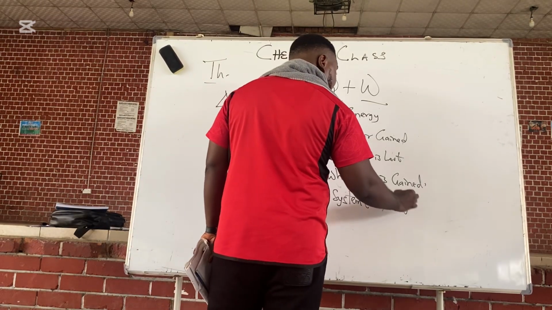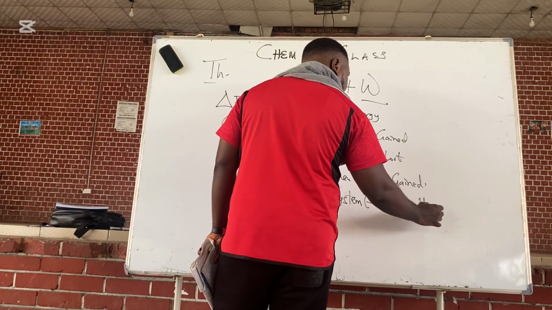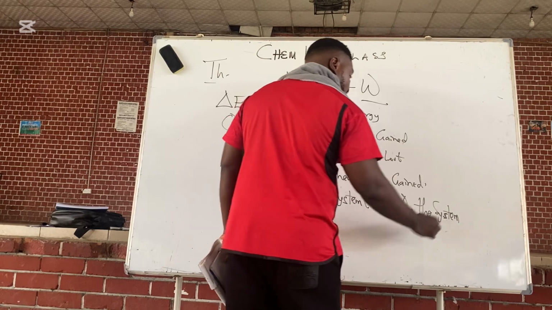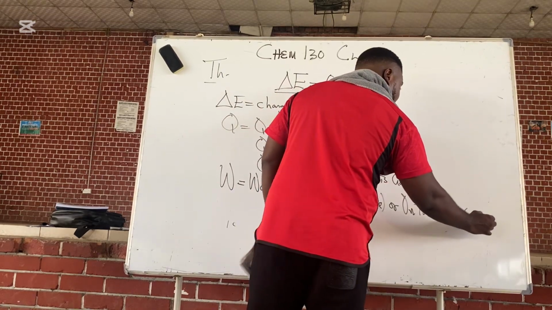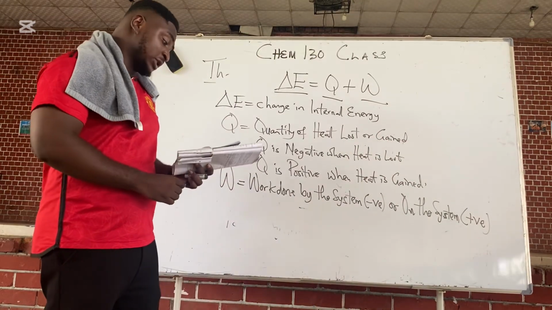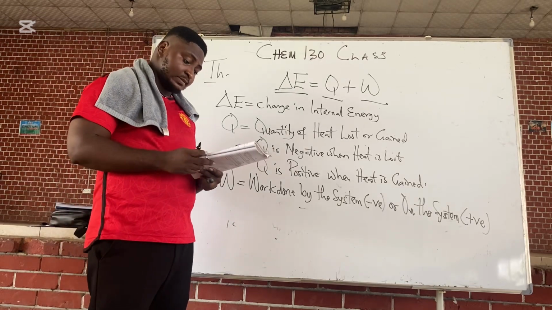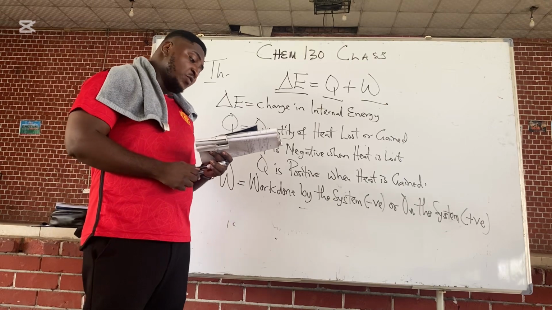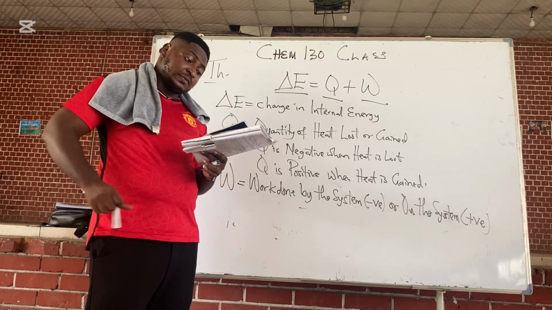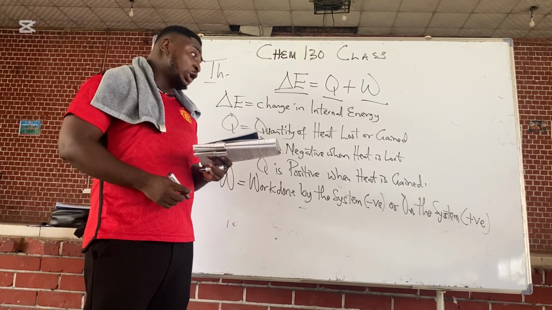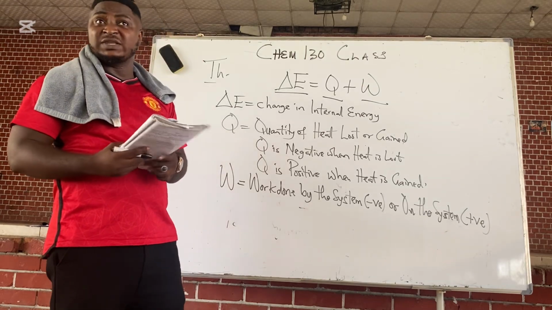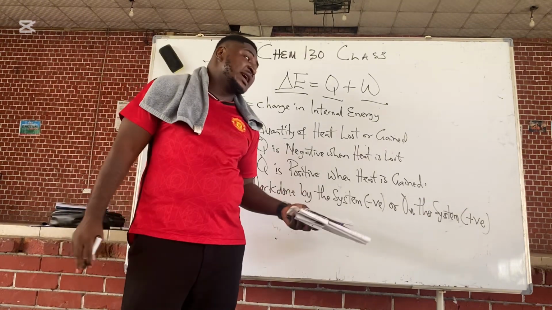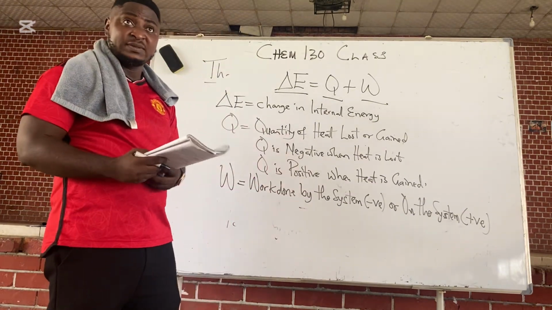But if work is done on the system, W is positive. Be careful of this. They like asking this in your chemistry exams. Work done by the system, W is negative. Work done on the system, W is positive.